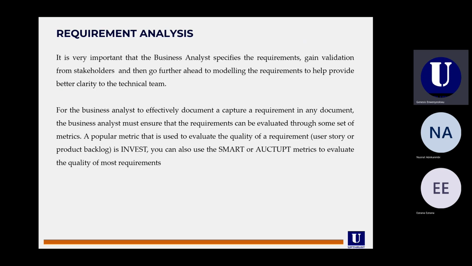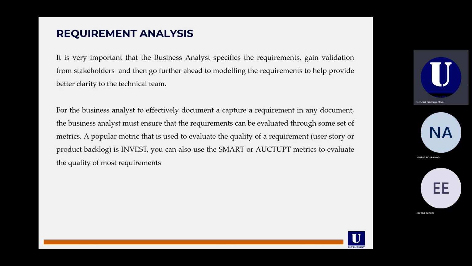So for the business analyst to effectively document a requirement in any document, a business analyst must ensure that the requirements can be evaluated through some set of metrics. There are some metrics that are used to evaluate requirements, especially user stories. Things like INVEST, which means the requirement should be independent, negotiable, valuable, estimable, small, and testable, right?